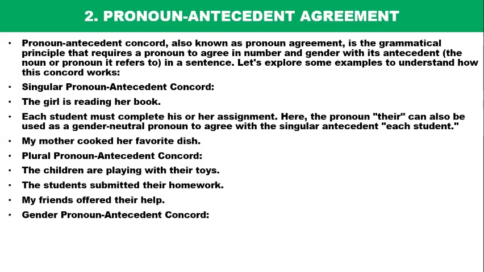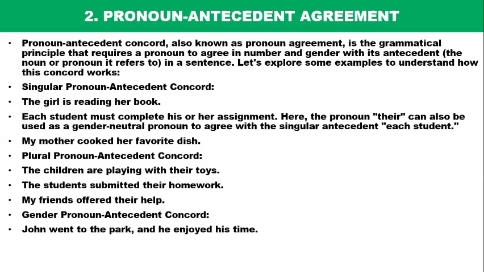And so this now brings us to gender pronoun antecedent concord. All right. Let's just refer to it separately, even though we had earlier referred to it. Now, for example, John went to the park and he enjoyed his time.